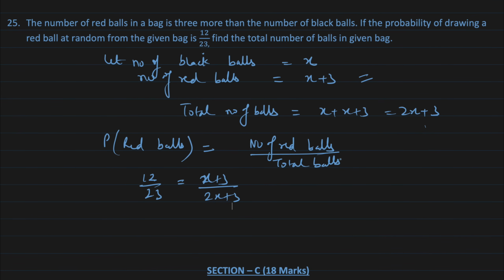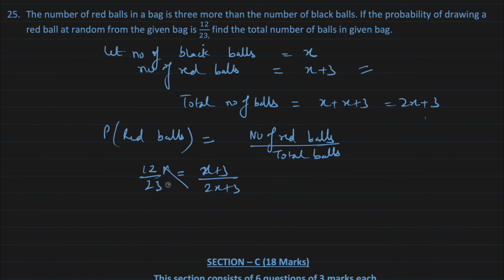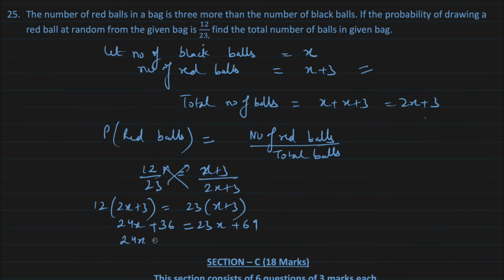Let us solve it. I'll do cross multiplication here. So 12 into 2x plus 3 and 23 into x plus 3, let's solve. 24x plus 12, 3 twelves are 36. 23x plus 69. So bring it here, 24x minus 23x equals how much? 69 minus 36. I'll go here and see x comes out to be 33.